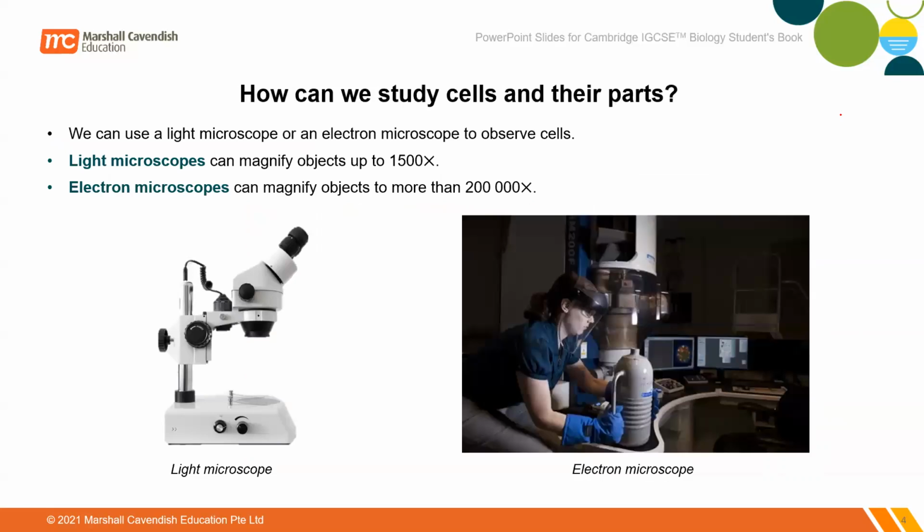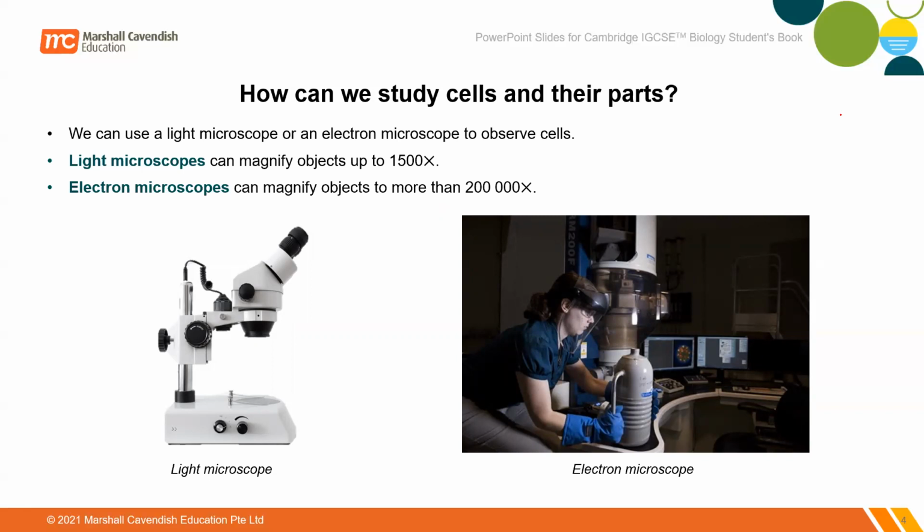We studied the cell by using two types of microscopes. Microscopes can see the internal compartment of the cell, the inner structure of the cell. If we understand the cell, we understand life itself. If you are able to understand cell and cell structure, you will be able to understand life itself.